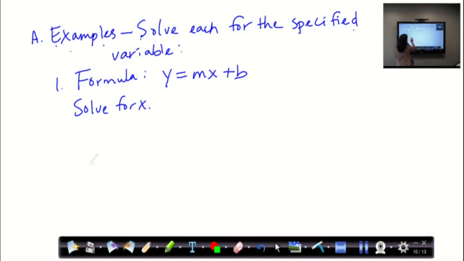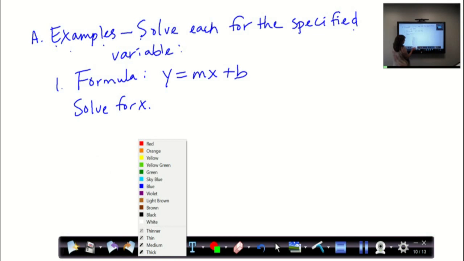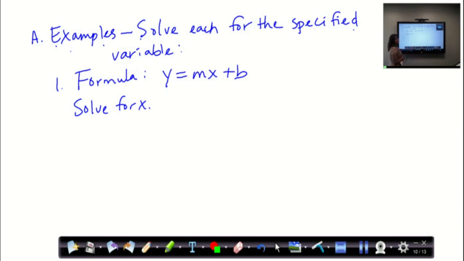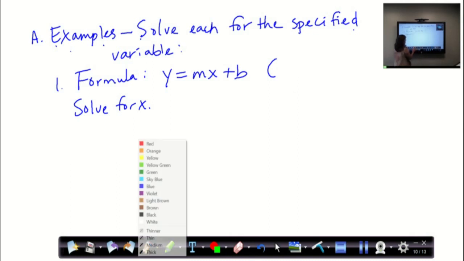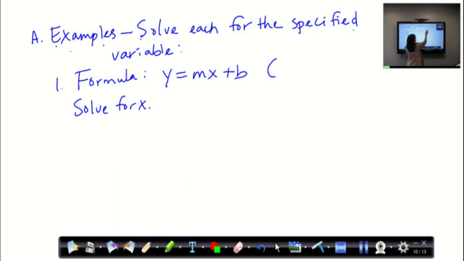Now, interestingly, does anybody know what this is the formula for? Be careful, it's not the formula for slope.